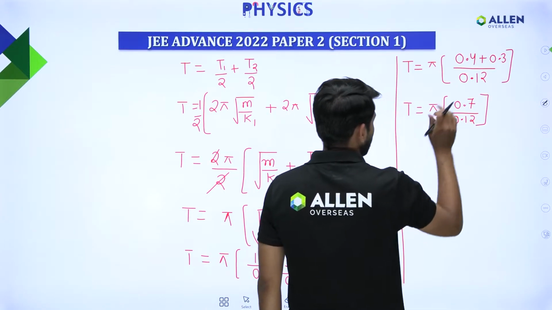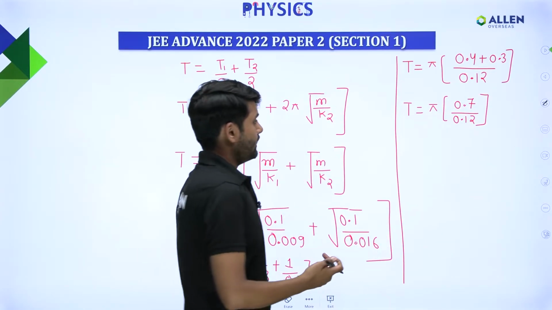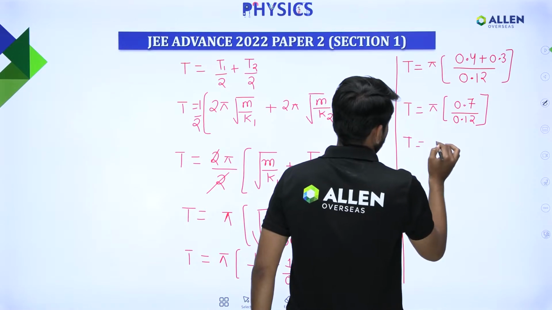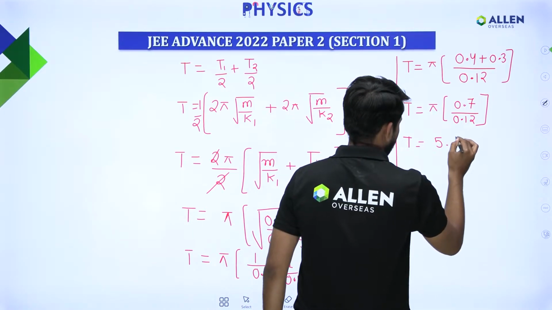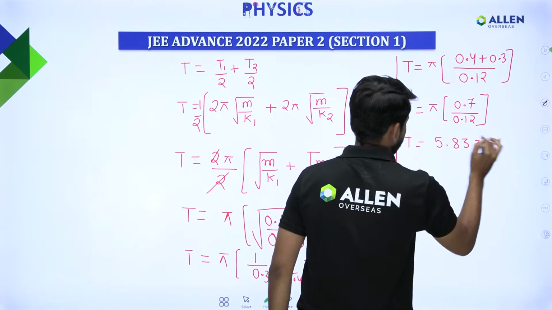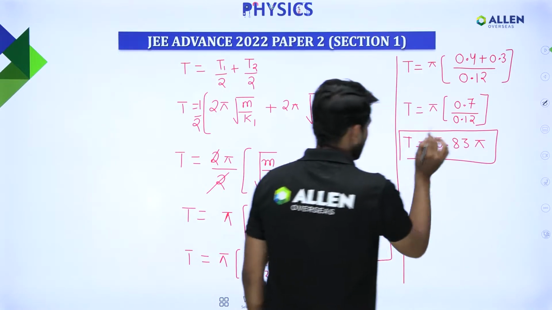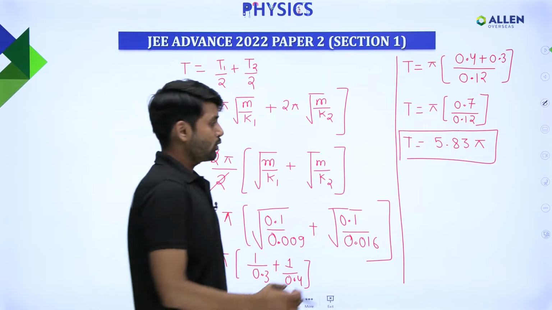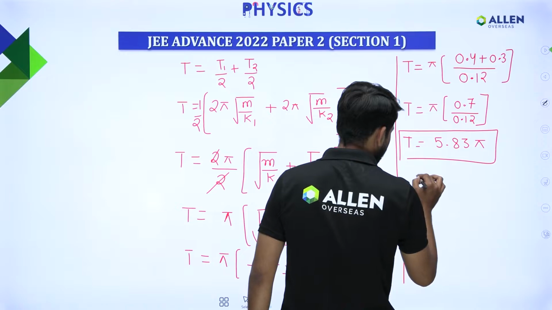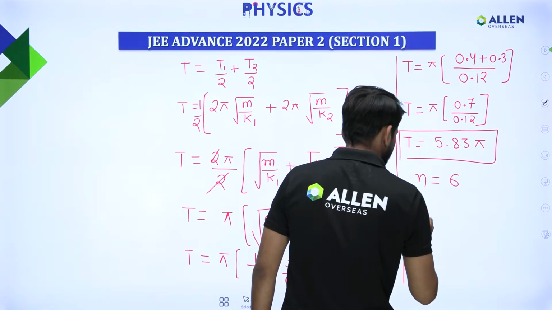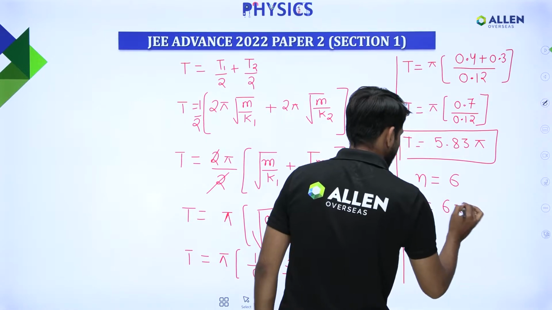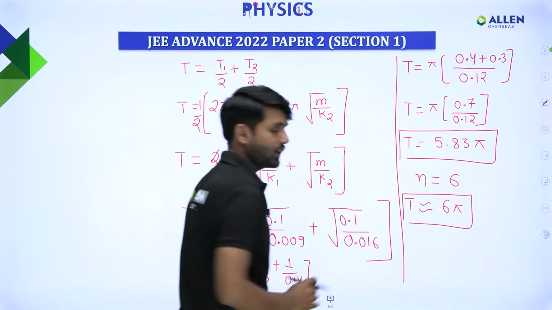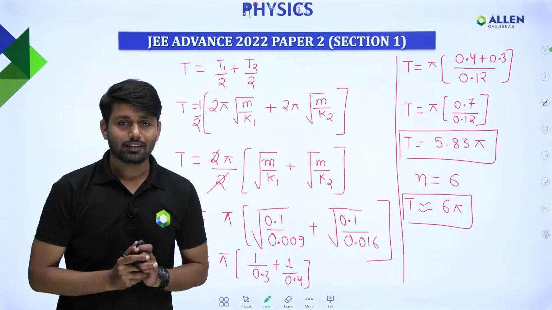When you solve this you will get 5.83 times pi. We have to find the nearest integer, so the nearest integer is 6. So your time period is 6 pi, and for this question the answer is 6.